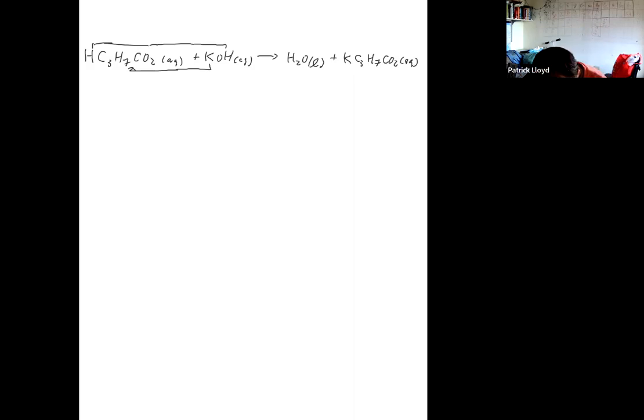We have 140 milliliters of the butanoic acid, and we also know it's 0.5782 molar. So I'm going to write it right there. From that, we can calculate the millimoles. We just multiply them together. 140 times 0.5782, and you get 80.948.